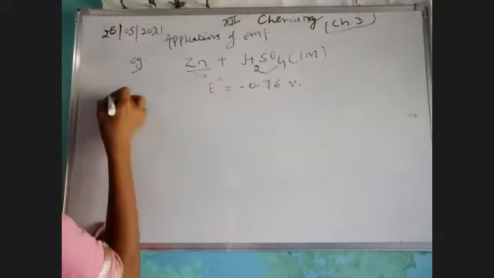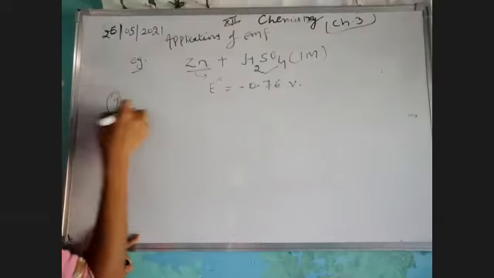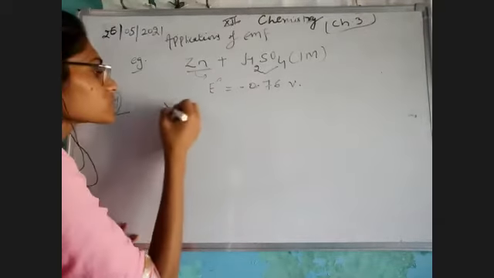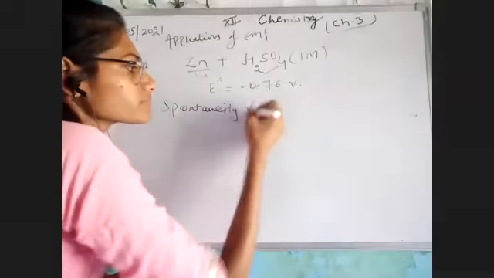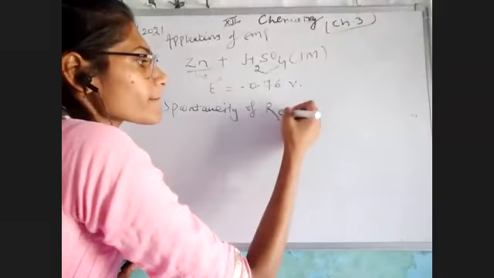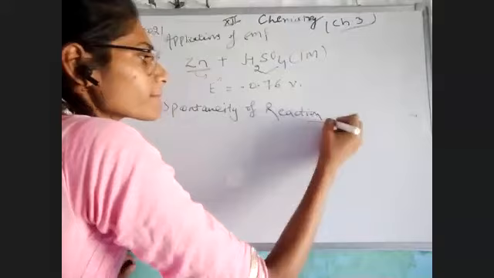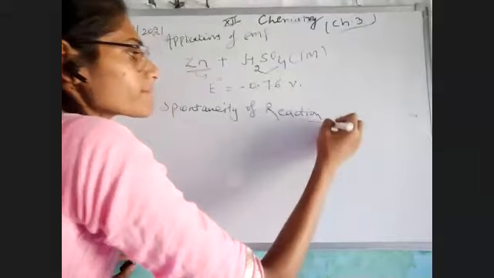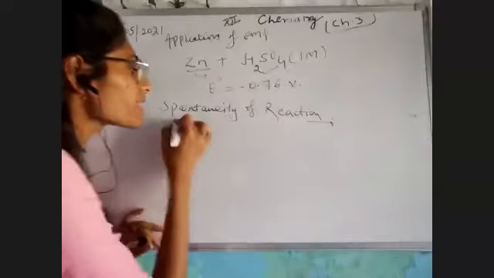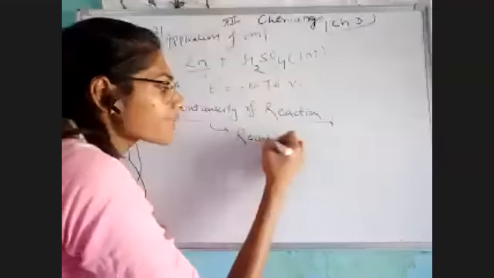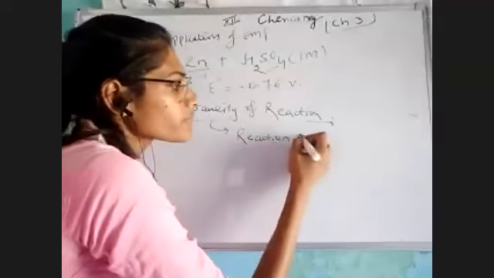Now lastly, we are left with only one application, that is to check the spontaneity of a reaction. What is spontaneity? Anyone knows it? We have studied it in the electrochemical cell also. Spontaneity means the reaction is going on its own.